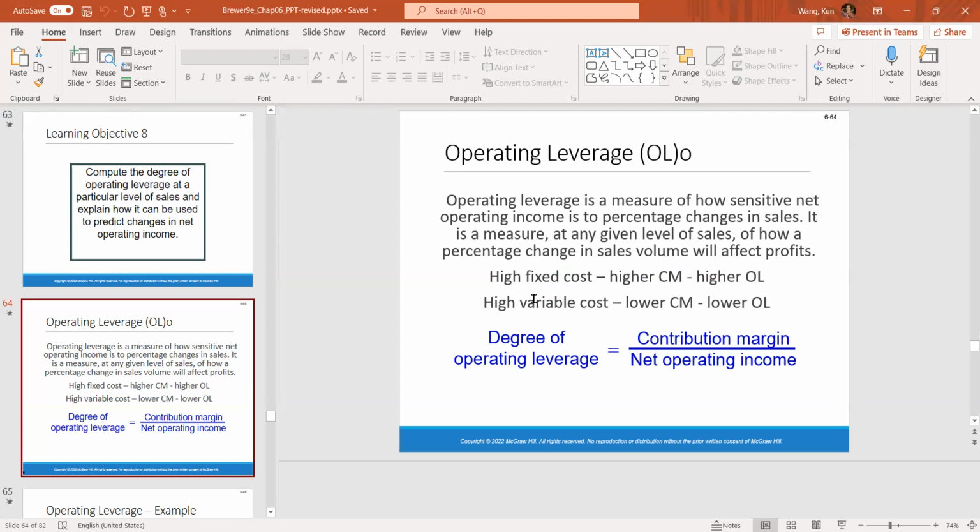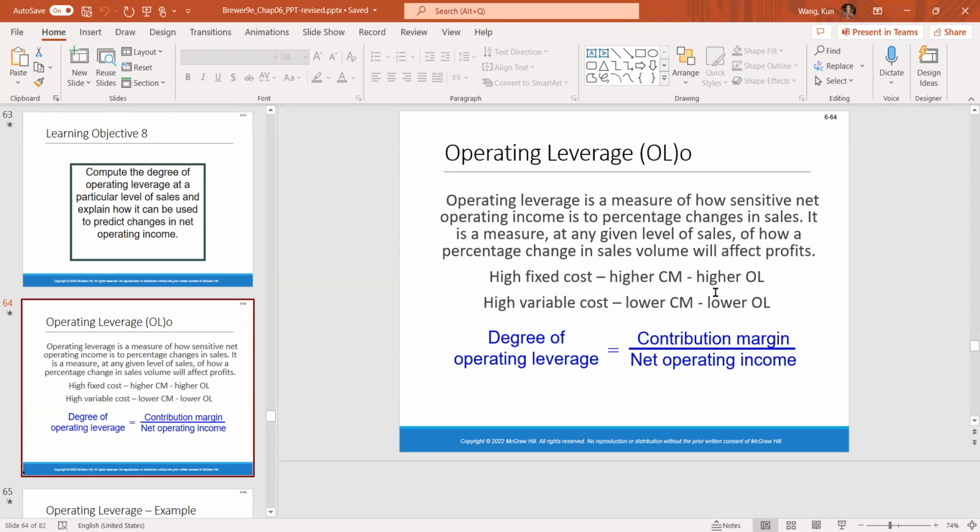On the other side, if the company has relatively high variable cost, such as retail stores or accounting firms, the service industries, they have relatively low capital expenditures or fixed costs and expenses. They will have lower contribution margin because they need to cover higher variable expenses.